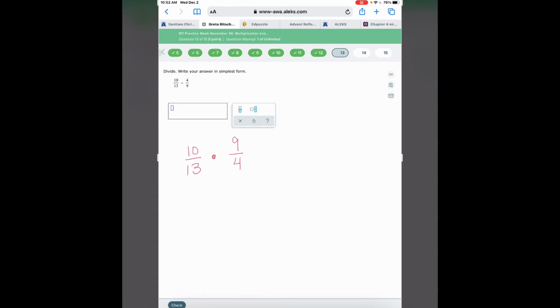I'm looking for some common factors, and I see even numbers here. So I know that I could divide by 2. And then I don't see any more. So I'm going to need to do 5 times 9 is 45 for the top. And 13 times 2 on the bottom. 13 times 2 is going to be 26 because it's 13 plus 13. So 45 over 26.